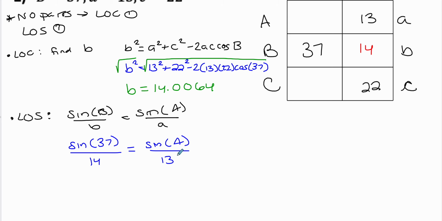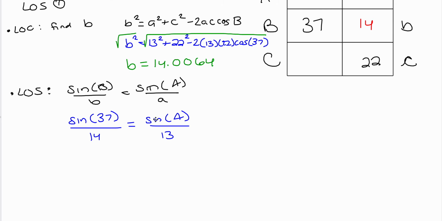Now we're solving for A. There are two pieces: we have sine and 13 attached to it. So I want to multiply both sides by 13. Now remember, this 13 is only in the numerator, so this becomes 13 sine of 37 over 14 is equal to sine of big A, because this becomes 1.